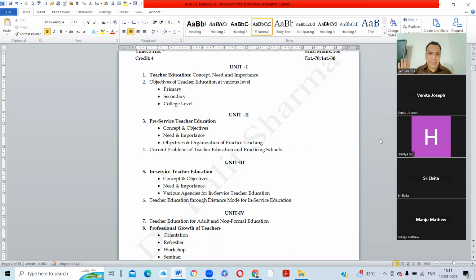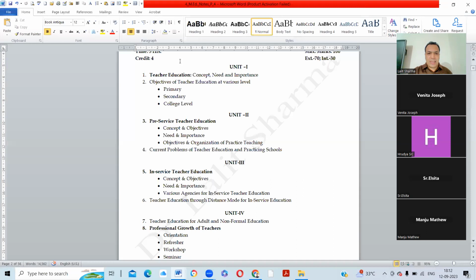In each unit, out of two questions, you have to attempt one, so you can do any topic. But whatever topic you are doing, for example if you are preparing only 50%, prepare it completely. I have given you the complete notes of this paper 4.